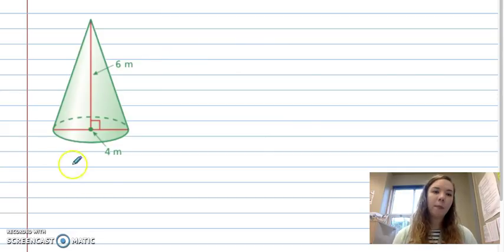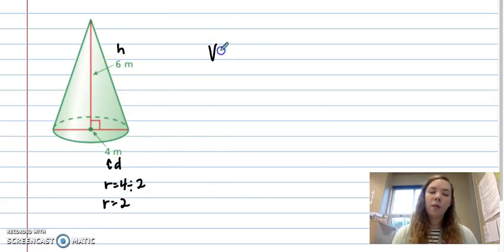All right, last example. In this case, 4 is on our circle, but this is our diameter. So to find our radius, we need half of that. So 4 divided by 2 is 2. 6 is my height. So in my formula, 1/3 pi r squared times height, radius is 2 and height is 6.